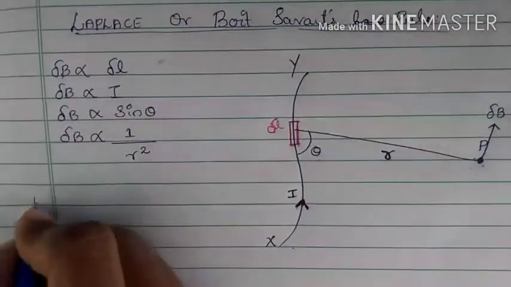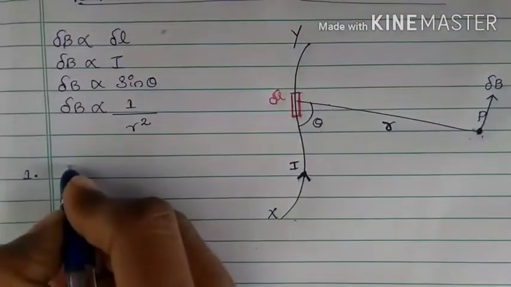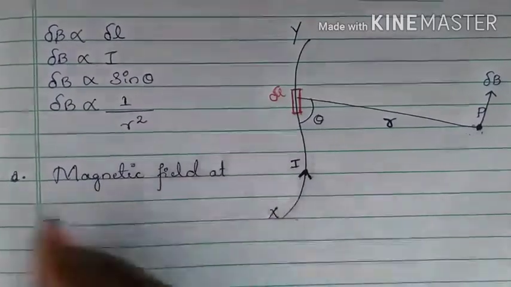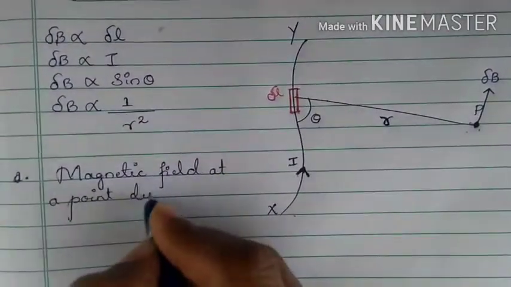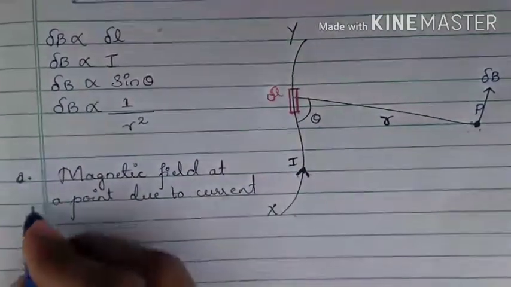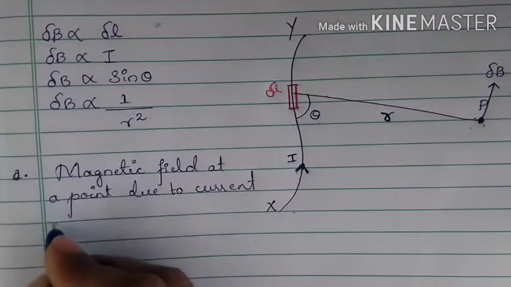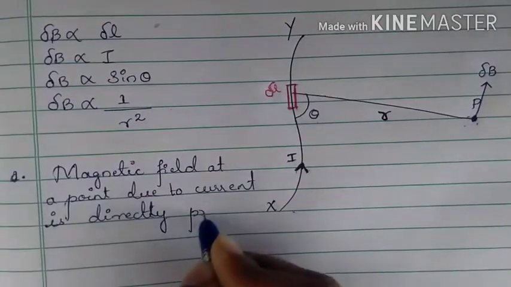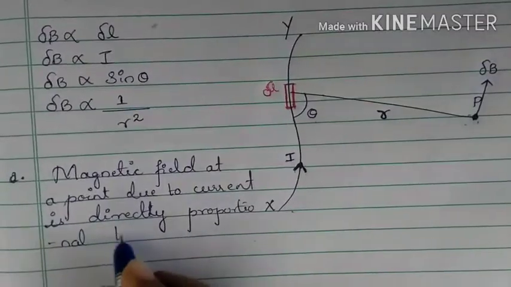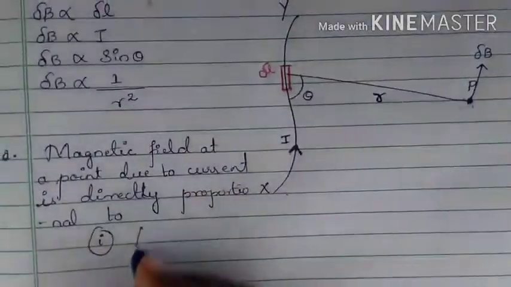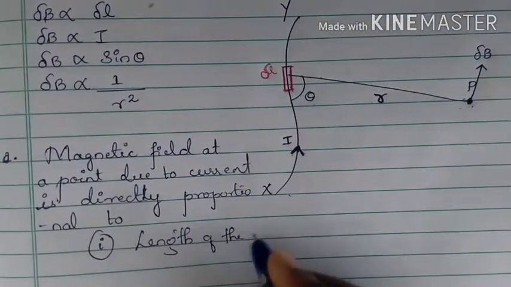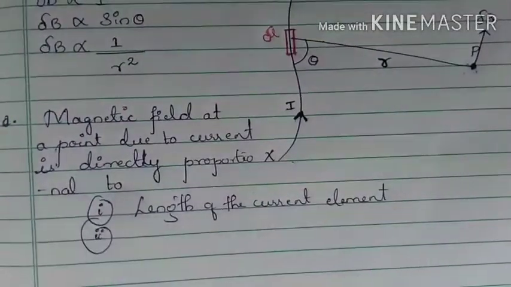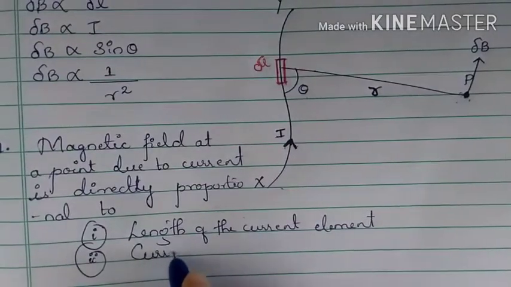If you want, you can also write it in words. The magnetic field at a point due to a current element is directly proportional to, first, the length of the current element, and second, the current.